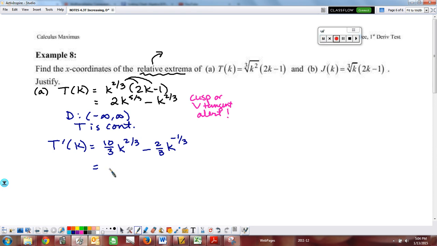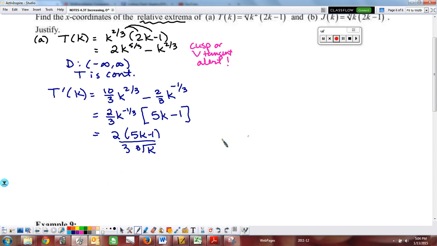I can pull out 2/3 and k to the negative 1/3. We take a look at what's left. We should have a 5 left here, and then subtracting your exponents, that would give us a k. And then here we took the 2/3 k to the 1/3, so we just have a 1. So what we're really looking at is 2 times 5k minus 1 over 3 cube root of k.